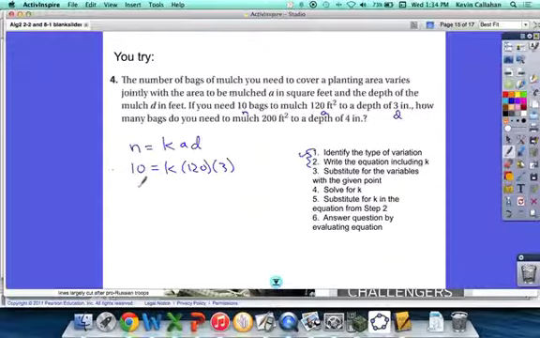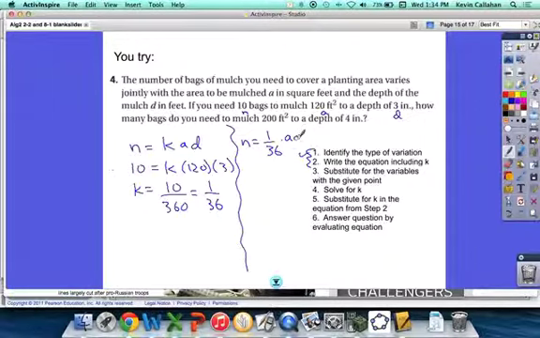So this will be K equals 10 divided by 3 times 120, which is 360. So it's 1/36. So here's our new equation. N equals 1/36 times AD. Right, that was these two together.